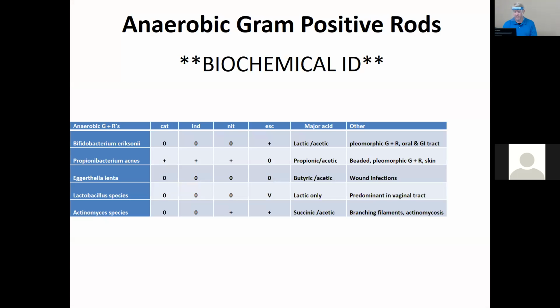So here's one of our biochemical ID charts that sums up everything that we've talked about so far. Gram-positive rod. We've got our Bifidobacterium eriksonii. We've got our Propionibacterium acnes, which was renamed Cutibacterium. Will we always see it one way or the other?